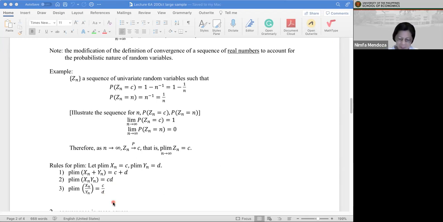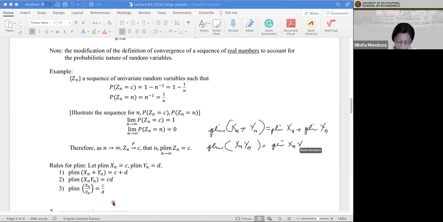So it's simple. For the rules, what is the plim of x sub n plus y sub n, the sum? That is just the plim of x sub n plus the plim of y sub n. For the product, the plim is the plim of x sub n times the plim of y sub n.